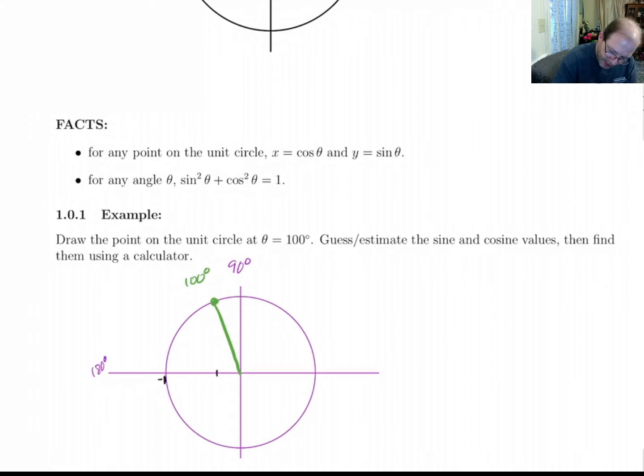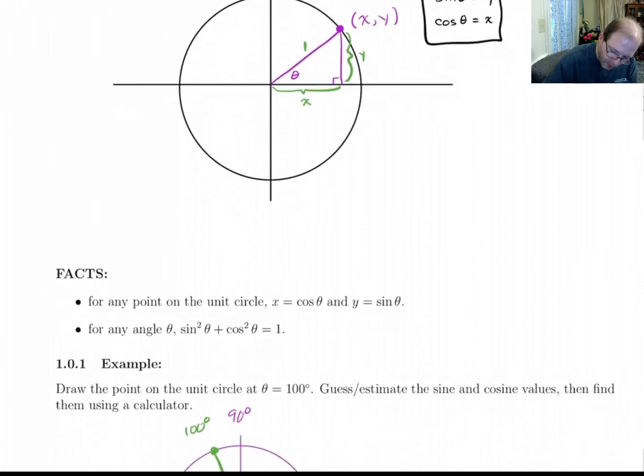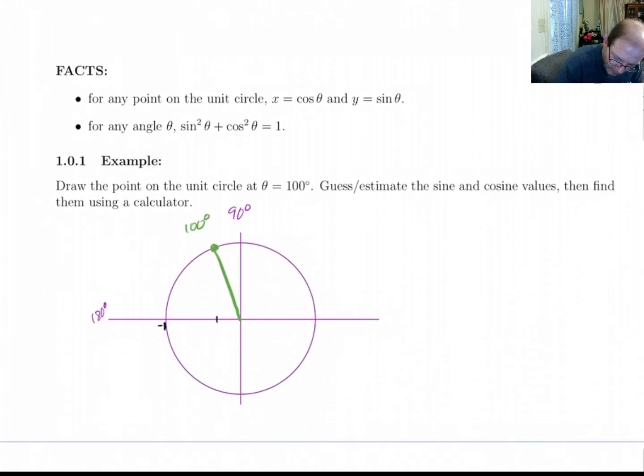So 100 degrees is going to be an angle that looks about like this. And we're supposed to guess or estimate the sine and cosine values. Well, let's see. Remember, the x-coordinate is cosine theta. Theta in this case is 100. Y is sine of 100 degrees.